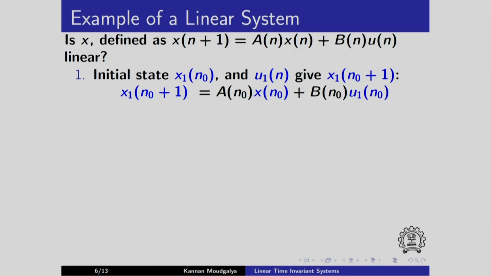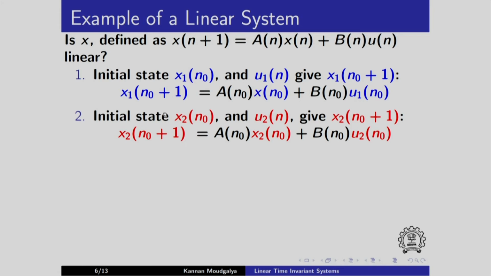So the question is, this system x of n plus 1 equals a n x n plus b n u n, is it linear? This equation is in the standard format. Alright, we have to consider one x1 of n0 and u1 of n for all n greater than n0, and using this we calculate x1 of n0 plus 1.